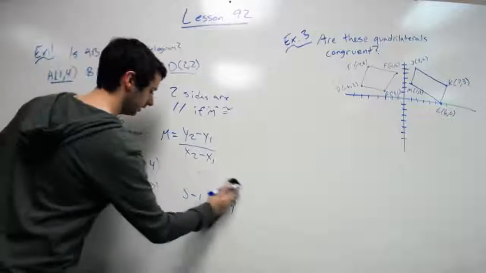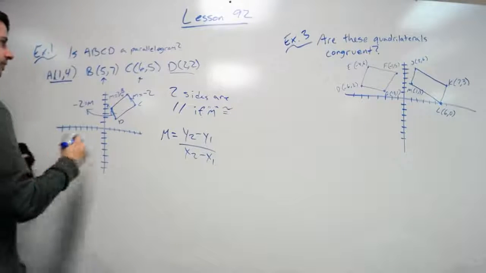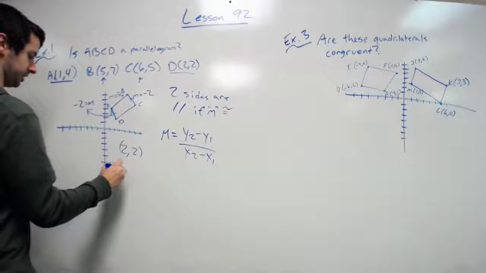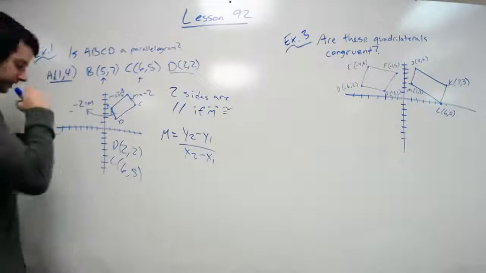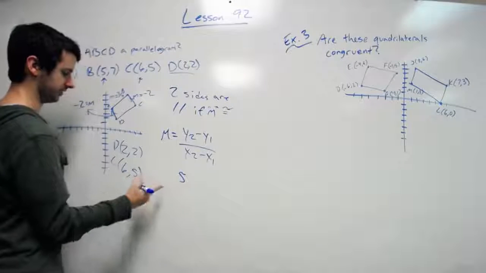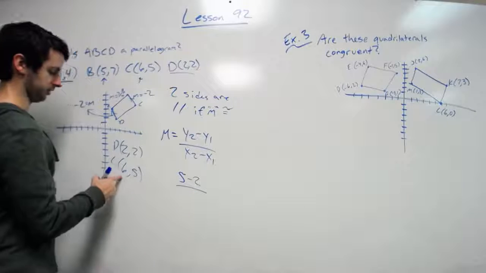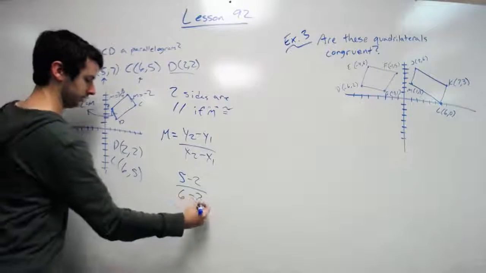And then now I just need to see if DC is 3 over 4. So my coordinate for D is 2, 2. Coordinate for C, 6, 5. So I'm going to plug in y2, 5, y1, 2, over x2, 6, minus x1, 2.